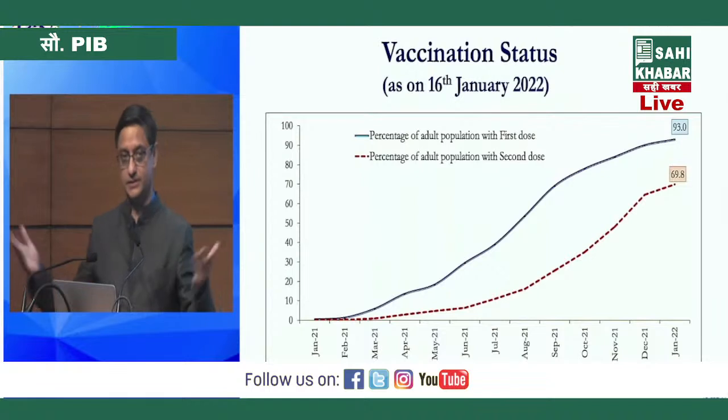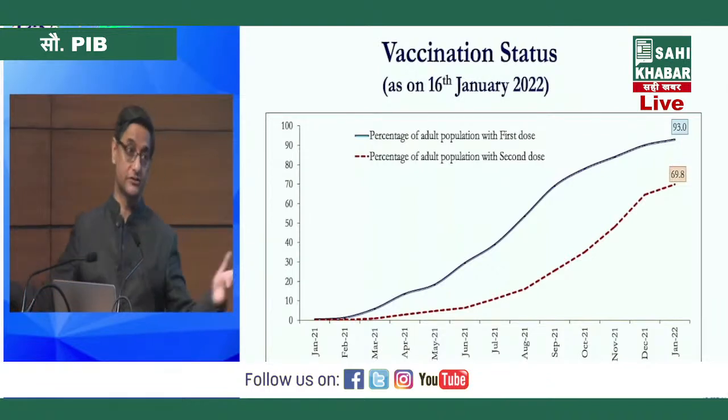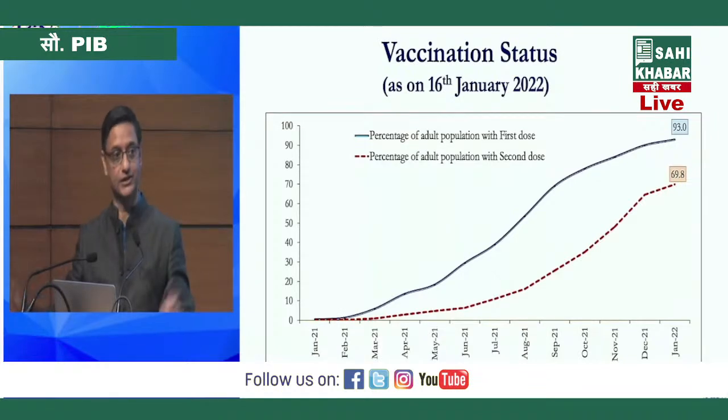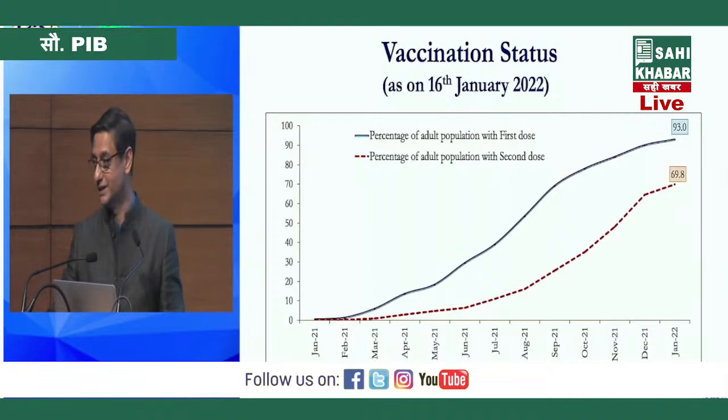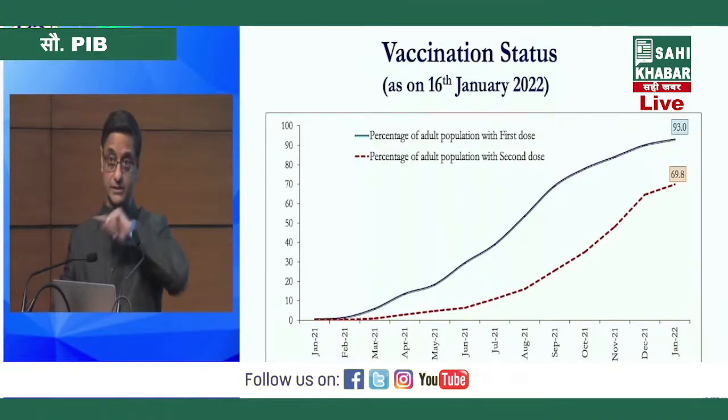Now, this is something that will not be of any surprise. An important macroeconomic risk factor these days is waves of the COVID pandemic that seem to come through. So not surprisingly, vaccination status is actually a macroeconomic stability indicator, and you can see that we have done rather well over the last year, and this data is as of 16th of January, because that marked a full year cycle.